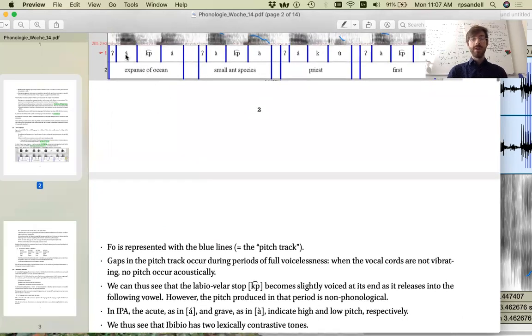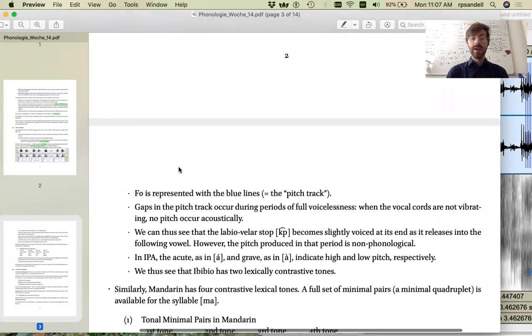In terms of the transcription of pitch using the International Phonetic Alphabet, we see high pitch transcribed here with an acute accent on the vowel, and low pitch transcribed with a grave. And as I said, it seems relatively clear that Ibibio, given this minimal triplet, contrasts at least two lexical tones.